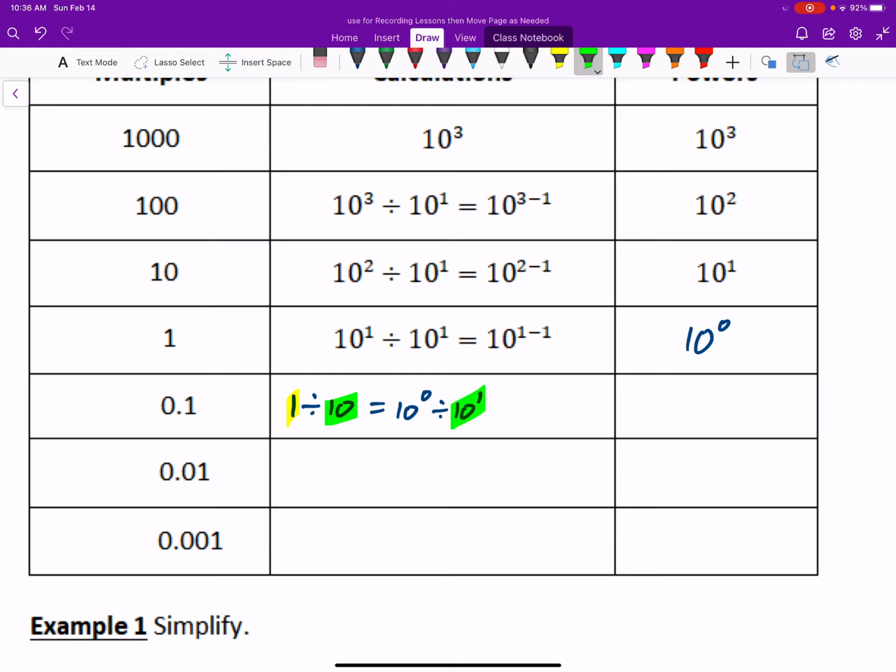So if I want to use the exponent laws, I could subtract. That would be the same as 10 to the 0 minus 1, which would actually be 10 to the negative 1. So 10 to the negative 1 is equal to 0.1.